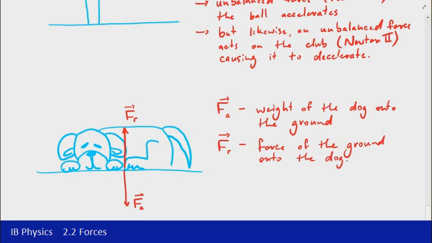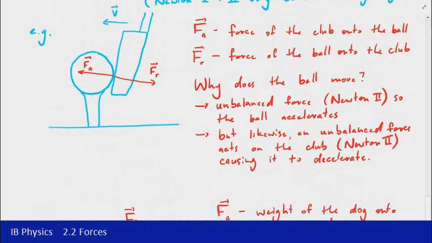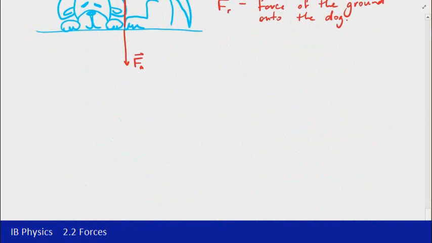Because those forces are balanced, or they're equal and opposite, we can say that Newton's third law is at play here. Now you might notice we've got two different scenarios, one where we have some motion involved and another where nothing's moving.